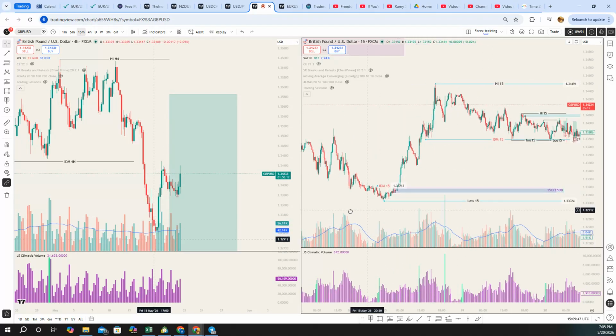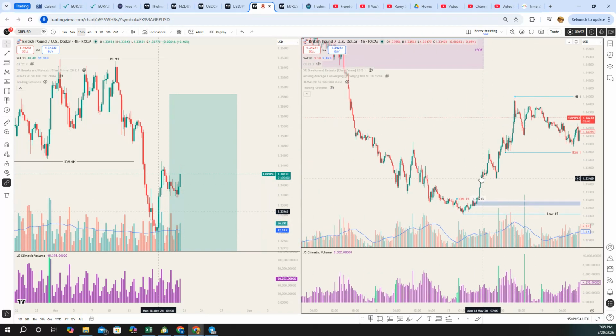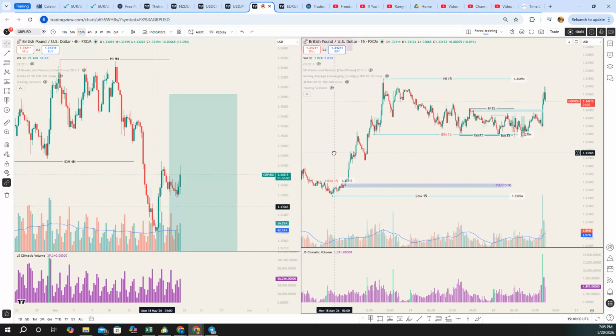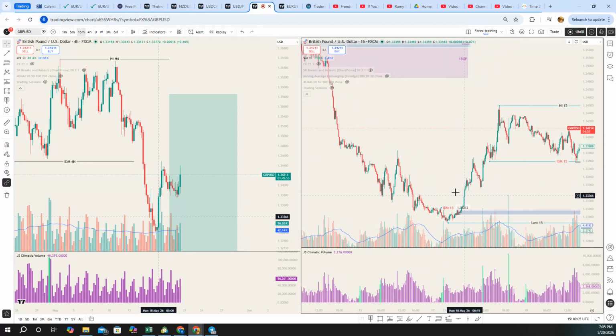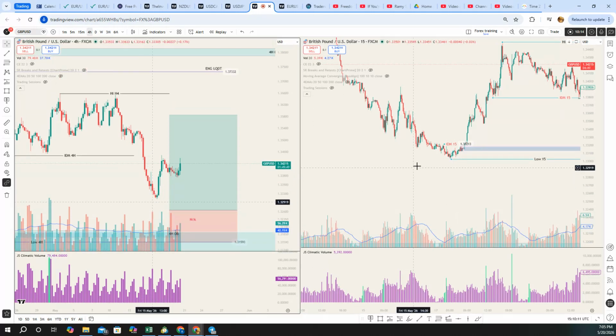With this going up, there is the main structure here, which until now is a bullish structure. So we are assuming a bullish structure here. Let's see where that is. Yes.